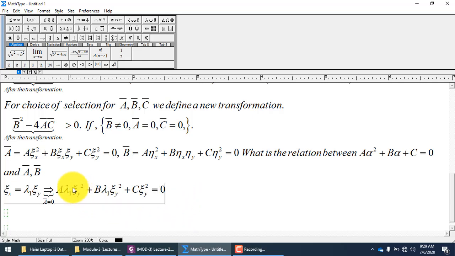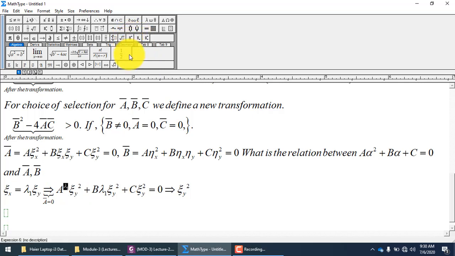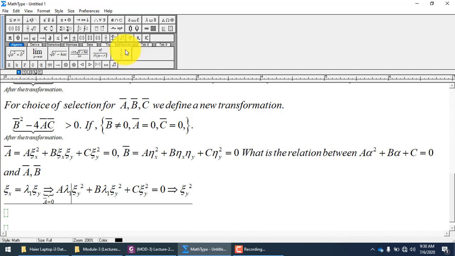You see that there is xi y square common. So what happens? You take xi y square as common, and you are left with a quantity, this is very important. I have made a mistake: xi x was lambda 1 xi y, so there was xi x square, and there will be lambda 1 square as well, because you are taking the square of xi x.